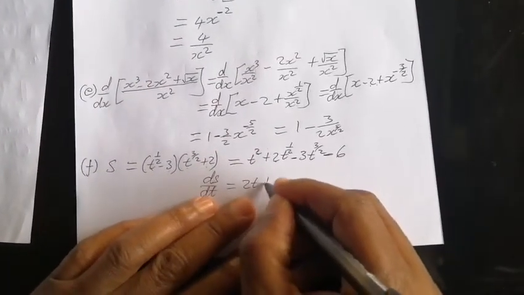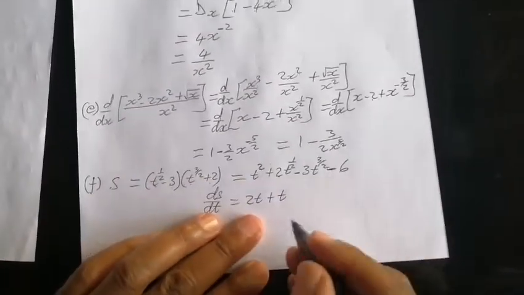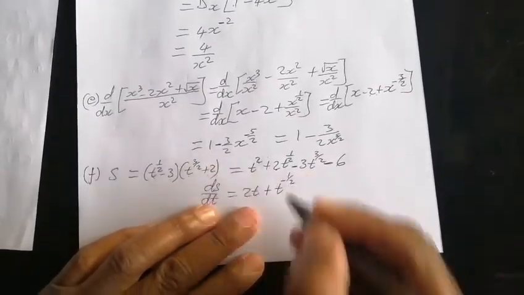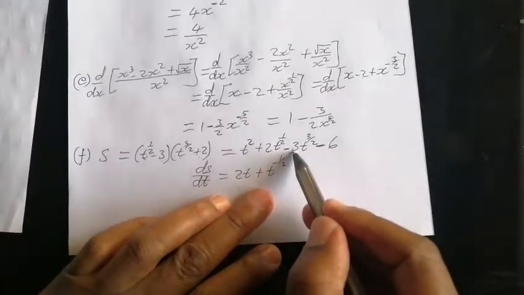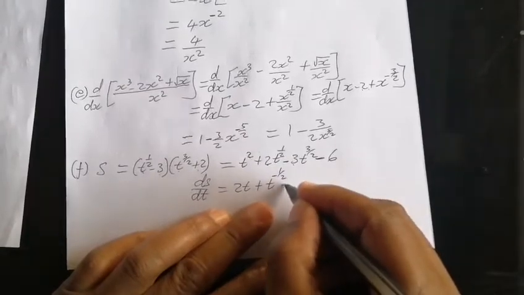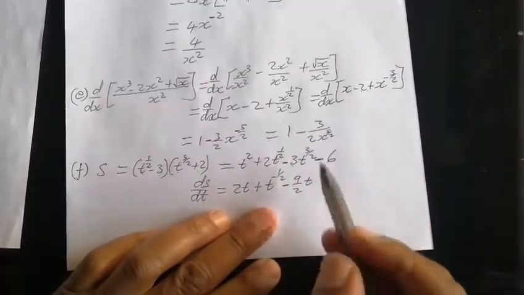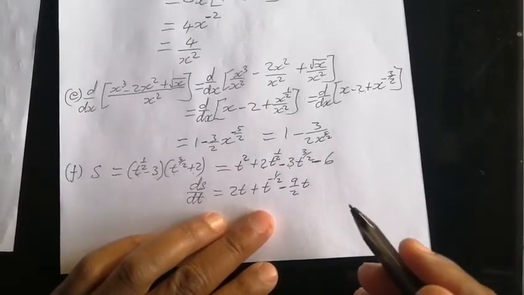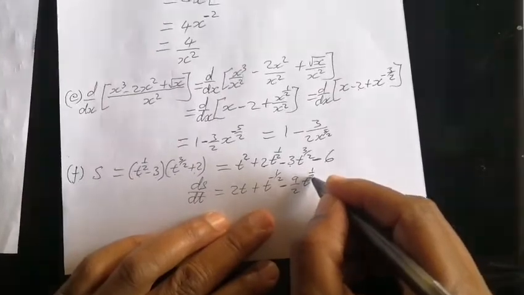So it's plus t to the power half minus 1, that's minus half. Then this again comes to multiply that. It will be minus 9 over 2 t to the power 3 over 2 minus 1. We get half.